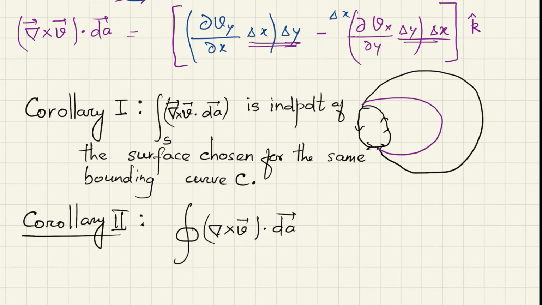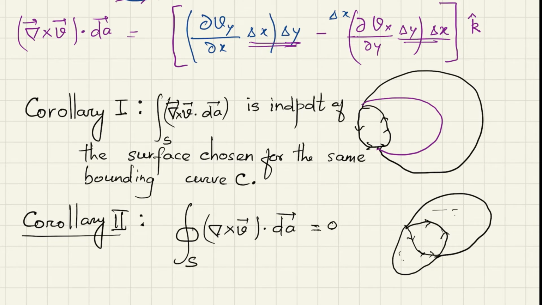For example, in this case, I can have one curve here, and suppose this was a closed surface. Then while calculating for this surface, I'll go like that, and for calculating this other surface, I'll go in the opposite direction. So this will be 0. So this quantity over closed surfaces is always 0.